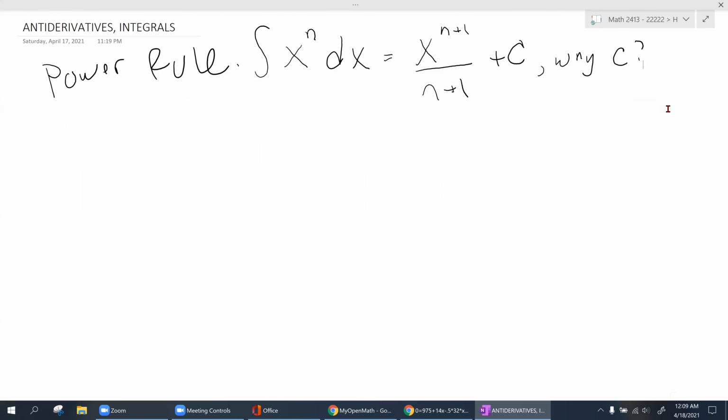So this leads us to section 4.10, perhaps one of my favorite sections moving forward. We're going to get introduced to antiderivatives. The reason we use the word antiderivative is to give you an idea of what is going on.